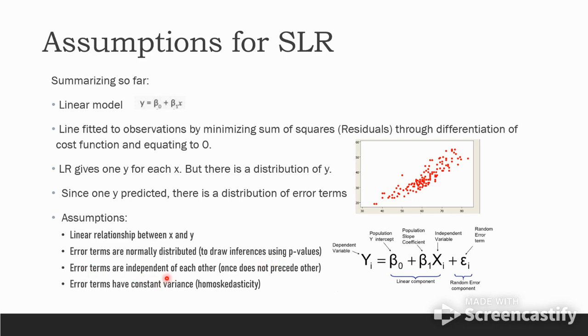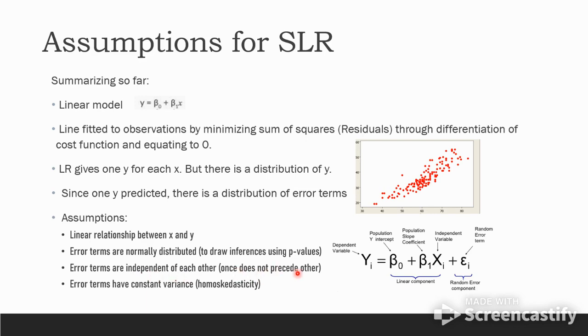Error terms need to be independent of each other. This essentially means that, say there is a range of error terms, E1, E2, E3, E4. Now there is an error term E1, and now there's an error term E2. If E2 is dependent on E1, which is the previous error term, then they are not independent of each other.